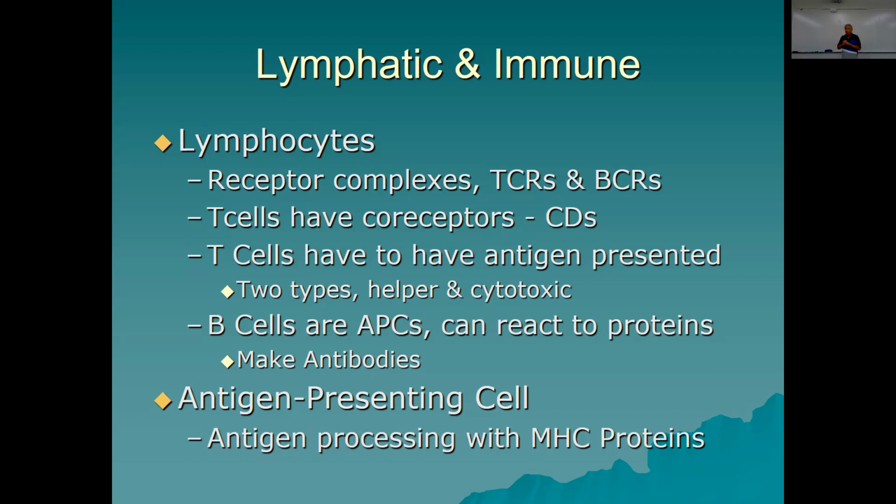These identify your cells as belonging to you and no one else. And everyone has a unique set of these, unless you have an identical twin. And these proteins are essentially why you can't just share organs with anybody, because you can recognize your own MHC proteins as belonging to you.